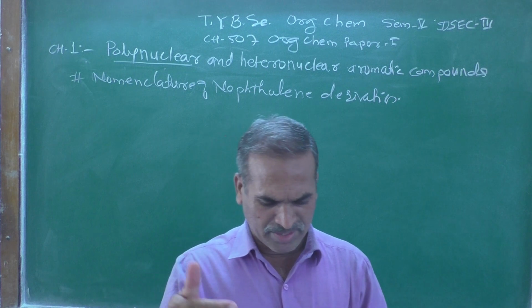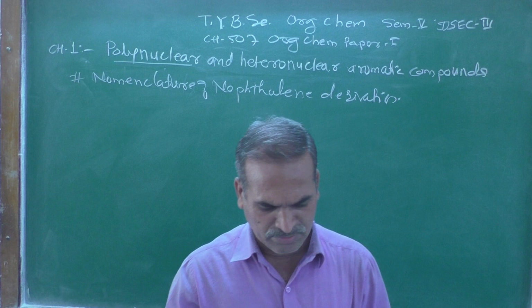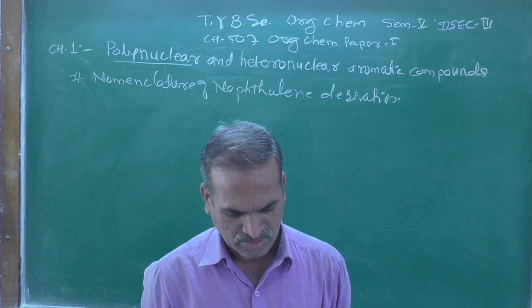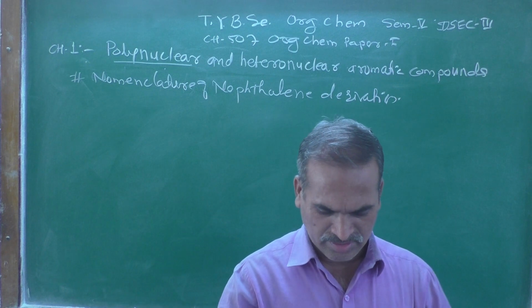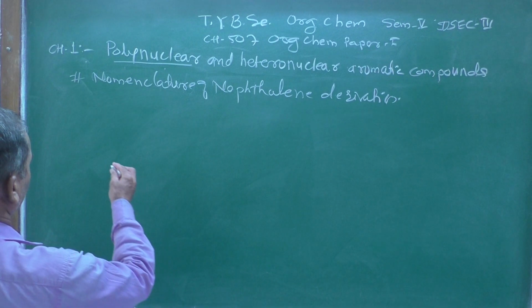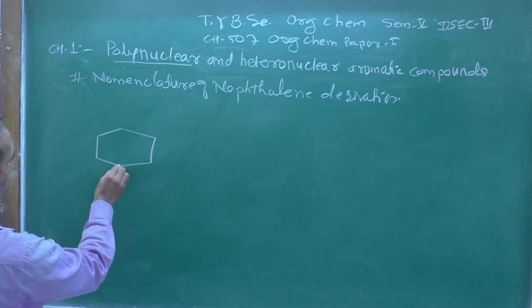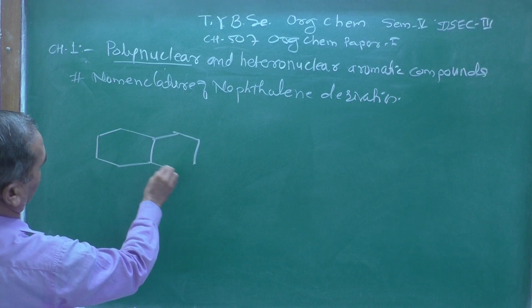Naphthalene can be represented by three resonance forms: first, second and third. Let us see. I am showing the structure. You can observe these structures carefully.